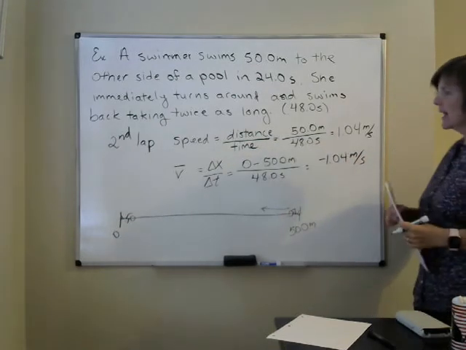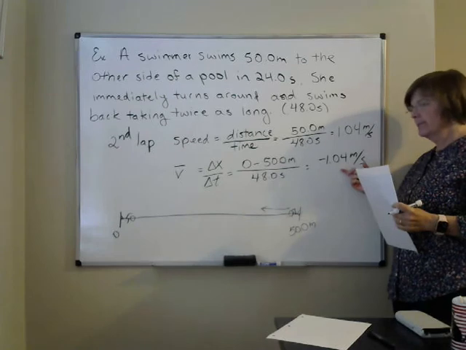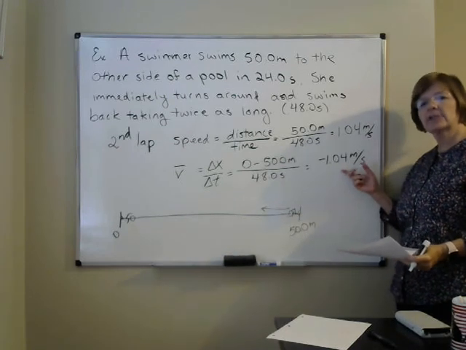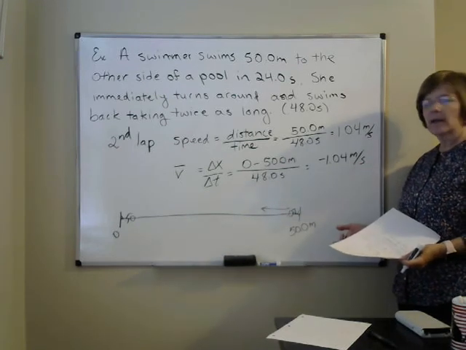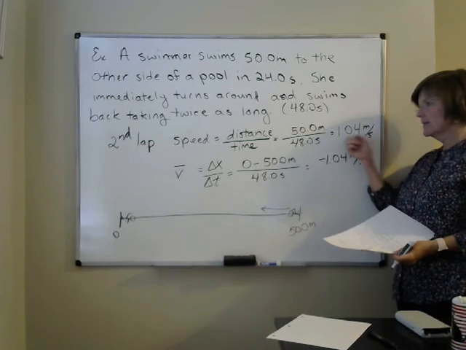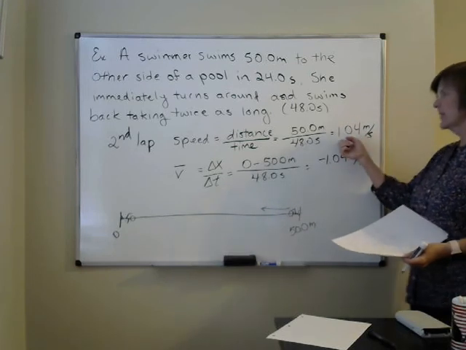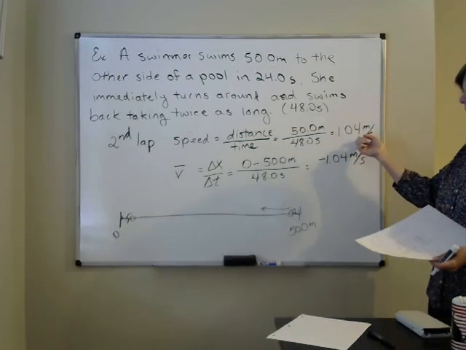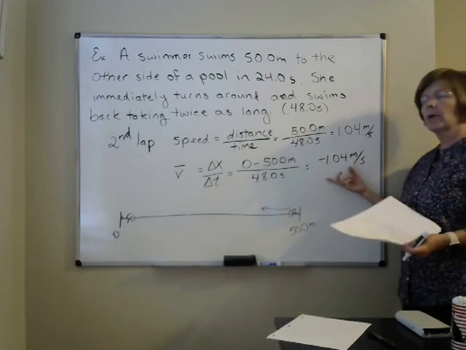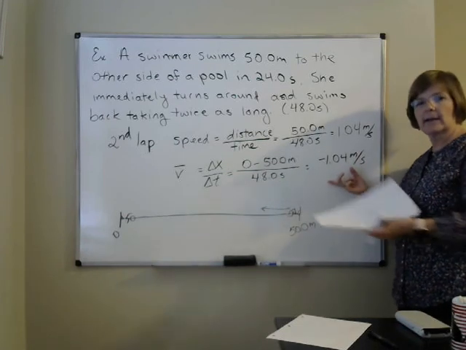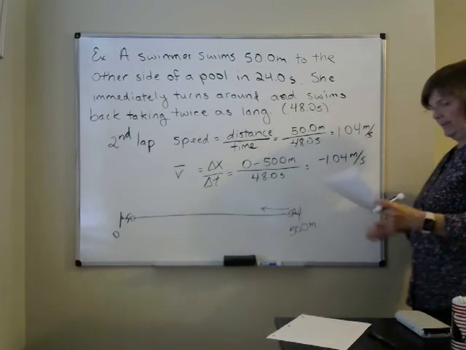Again, the size of the speed and the size of the velocity, the magnitudes are exactly the same, but this is not a vector, so it's just a speed of 1.04 meters per second. This is a speed of 1.04 meters per second to the left or in the negative direction.